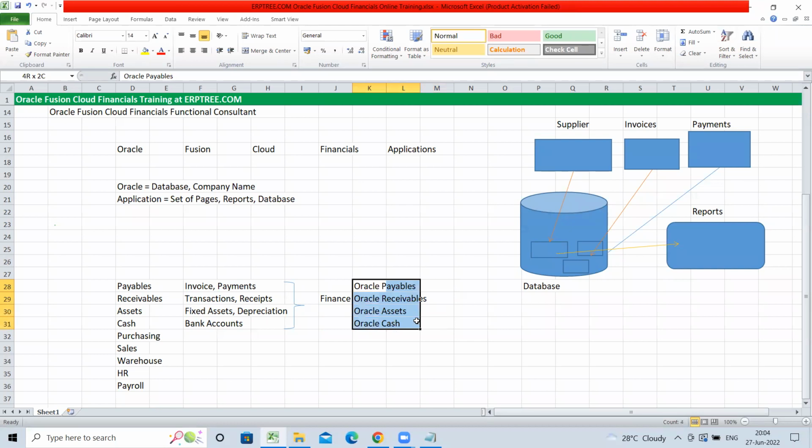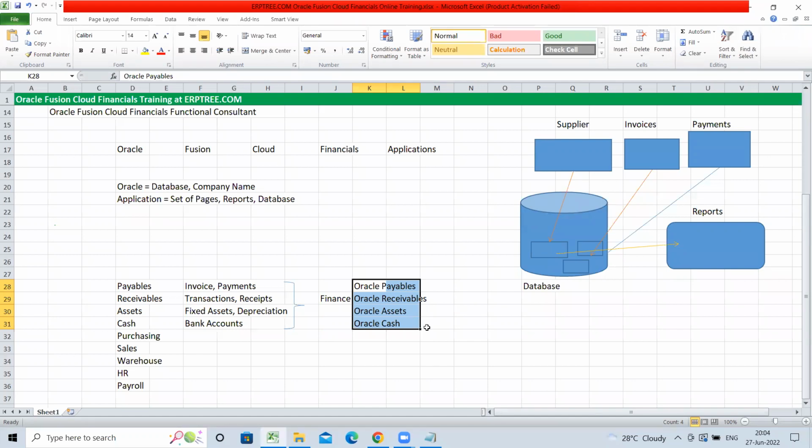These applications will help us to maintain the company related financials data. Financial related data means where the money related transactions we are going to record. There are a few more applications also here. We'll add all those. You'll get the complete picture of these applications in the coming 2 to 3 sessions.